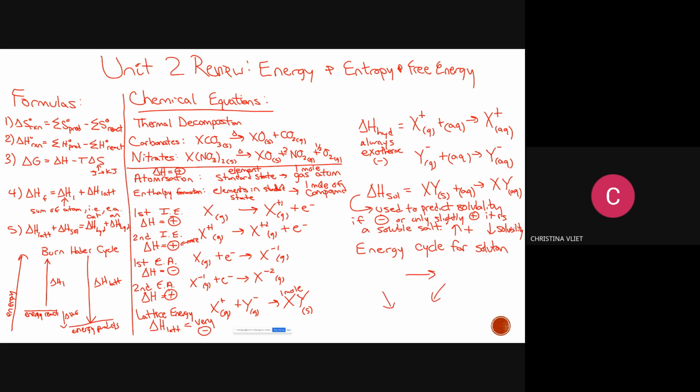This side is gas ions, this is ionic solid, and down here is ions in aqueous solution. Above each of these arrows, we put each of the energy processes. To go from gas ions to ionic solid, this is the lattice enthalpy, delta H lat. To go from the ionic solid to the aqueous solution, that's delta H sol. And gas ions to ions in aqueous solution, that's delta H hydration.